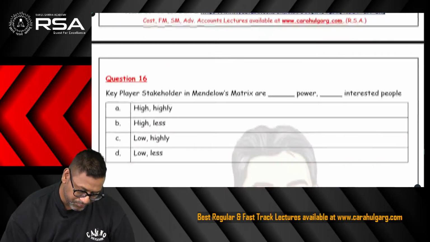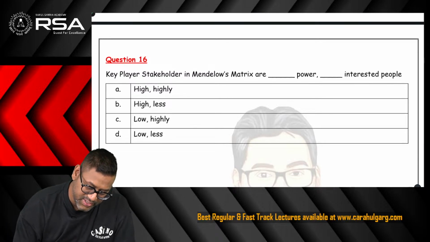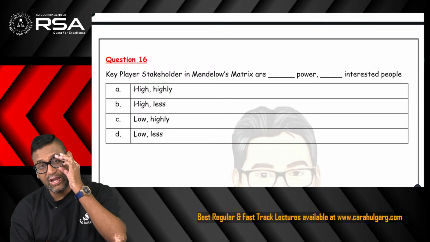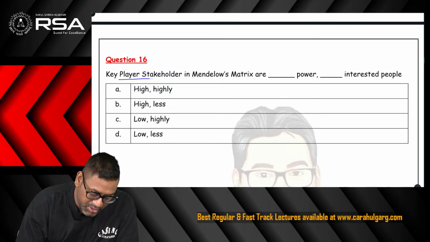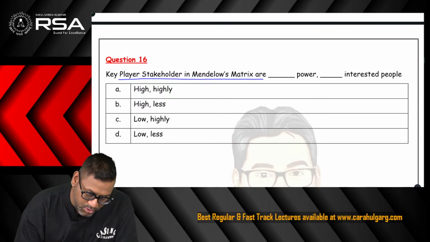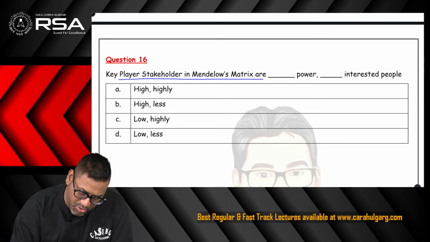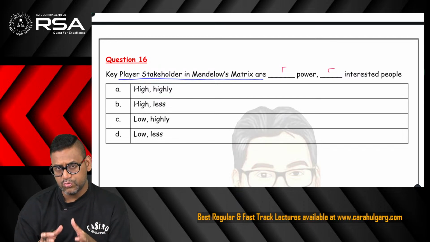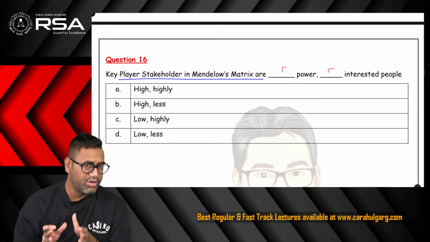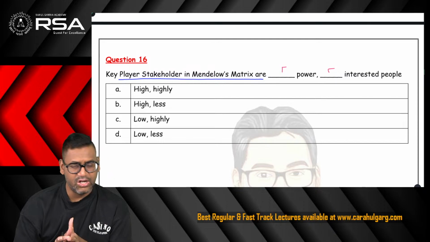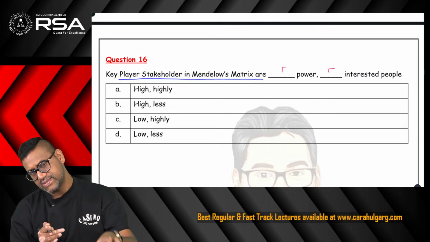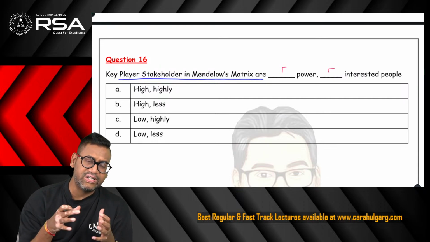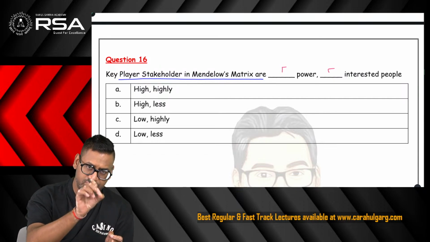Next question. Key stakeholders, yes. So there is one Mendelow's matrix, which is also known as the stakeholder analysis matrix. It says key player stakeholders in Mendelow's matrix are dash power and dash interested people. So basically in a stakeholder matrix or Mendelow's matrix, there are 4 quadrants. It's a 2-dimensional graph, X-axis and Y-axis. On the X-axis there is the interest, on the Y-axis is the power. So on the basis of power and interest, we give the name to the quadrant.